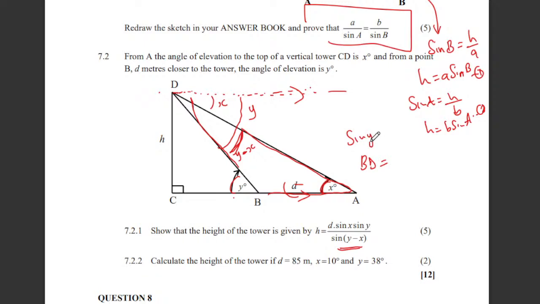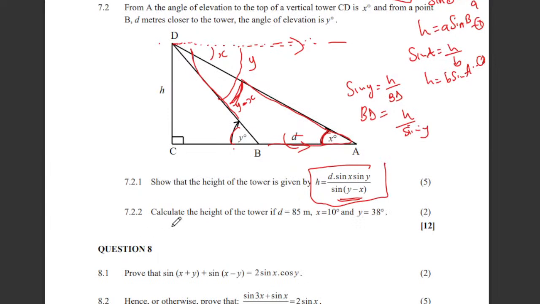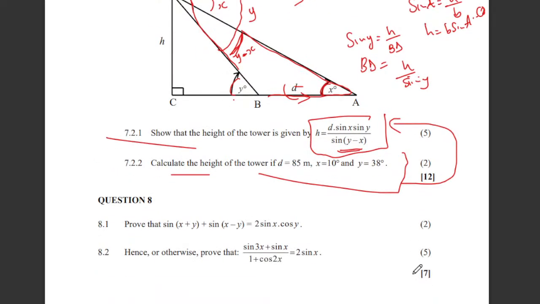Remember, sine of y is equal to the opposite over BD, which is h over sine of y. Then use your sine rule to work on that triangle. You should be able to get to that. Then 7.2.2, if you're given the height, or they calculate the height if you're given these variables. Even if you fail to get the first part, please just get the values, substitute them there, and get those marks.